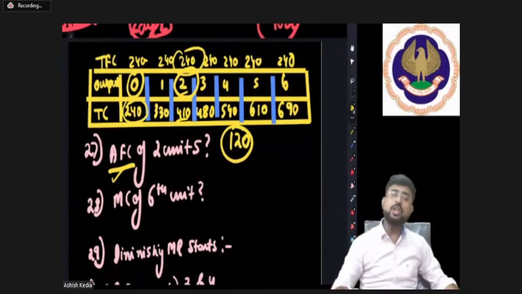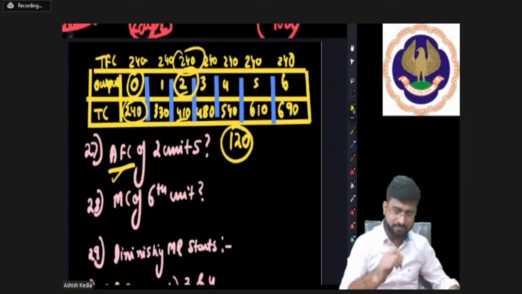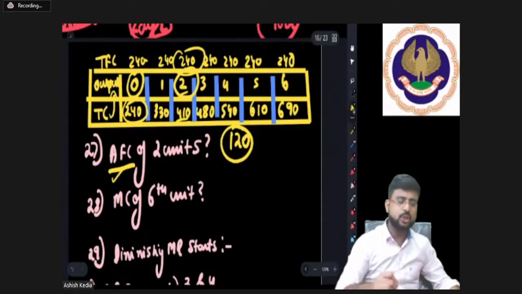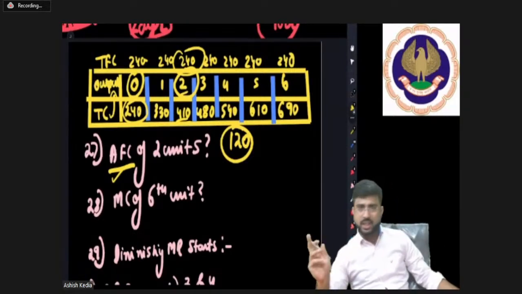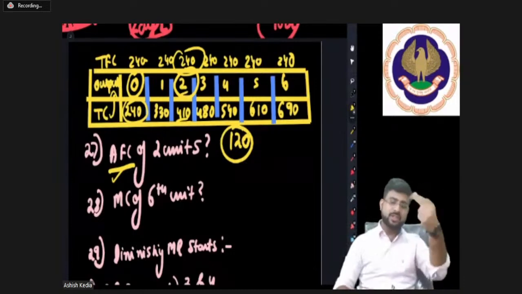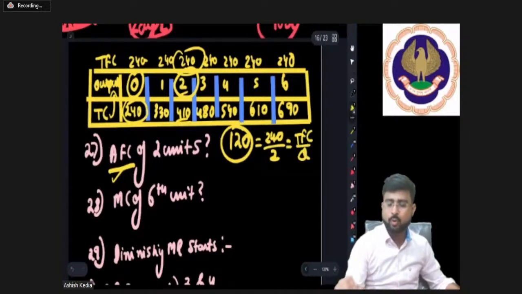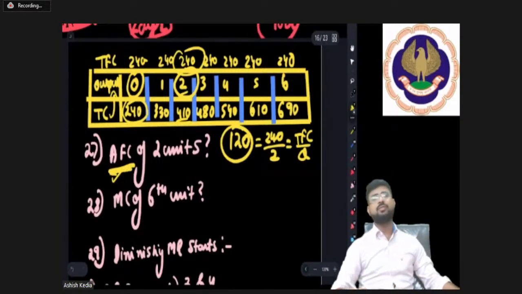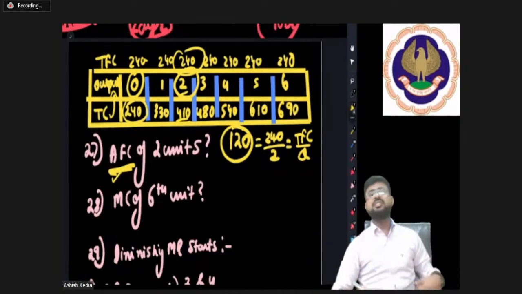So first you need to find out total fixed cost. Where is the total fixed cost? The cost incurred at zero output is the total fixed cost. 240 remains the same throughout. So at 2 units it will be 240 by 2. How did it come? 240 divided by 2, that is total fixed cost divided by quantity, because we have been asked average fixed cost. My dear friends, those who have made mistakes, is it crystal clear now?